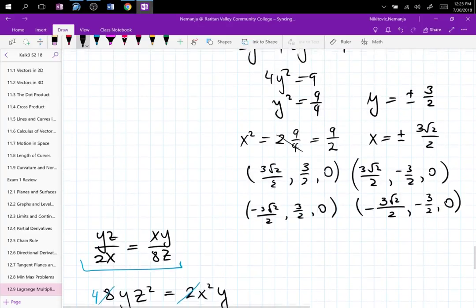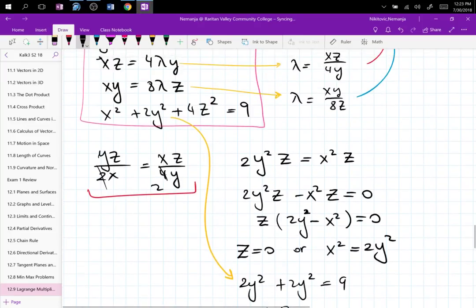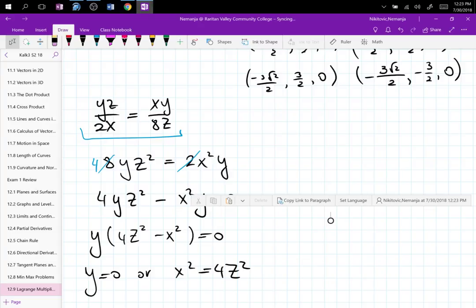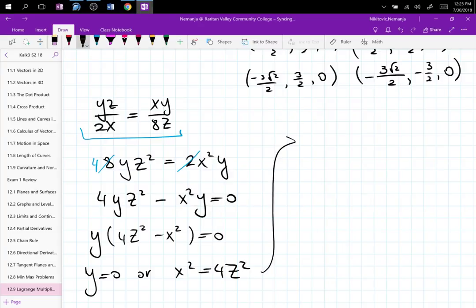So now we plug that into the objective equation up there. So x squared is, so I'll say plug into g of x, y, z.